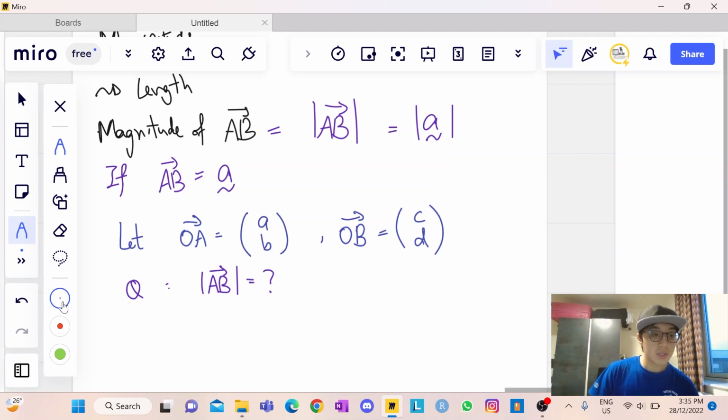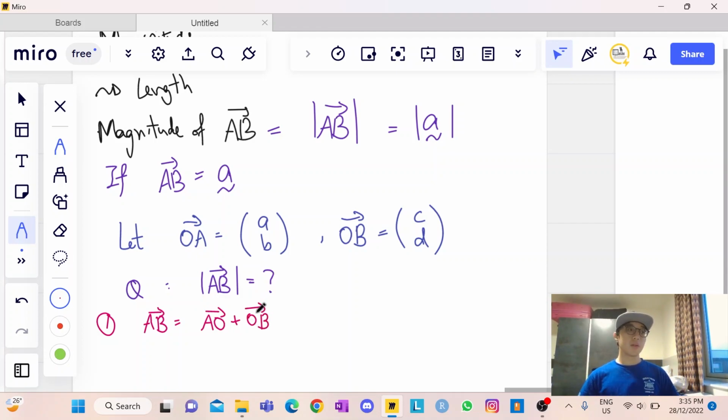In this situation, we first need to calculate AB. Number one, AB is equal to AO plus OB. Remember the tip that I told you: in the middle part, if they are the same, they cancel out each other, and the outside ones represent the vector. So AO will be equal to negative OA plus OB.